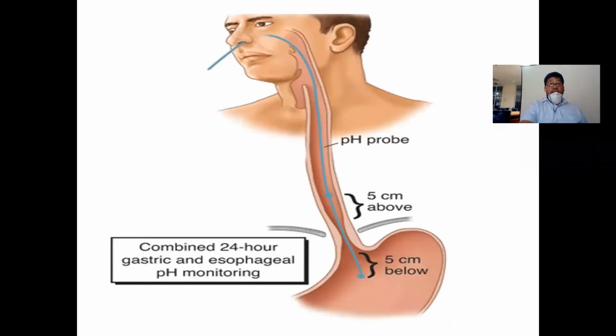And this is the probe which is introduced. As we discussed that day, the probe is introduced and this sensor is placed 5 centimeters above the lower esophageal sphincter. This is kept there for 24 hours, and the recording is processed via the computer.